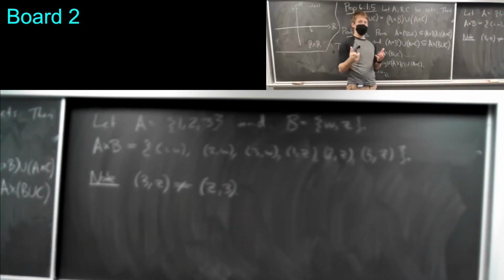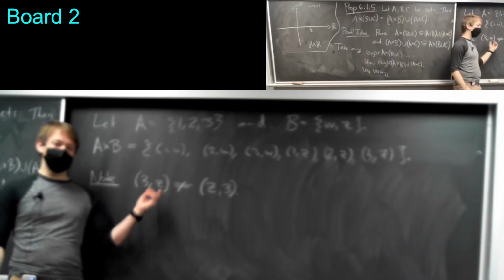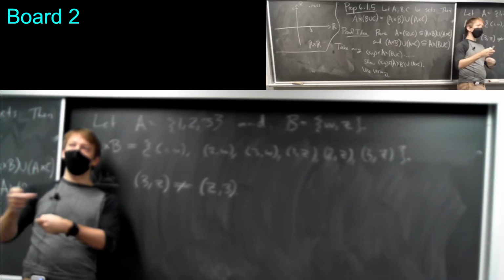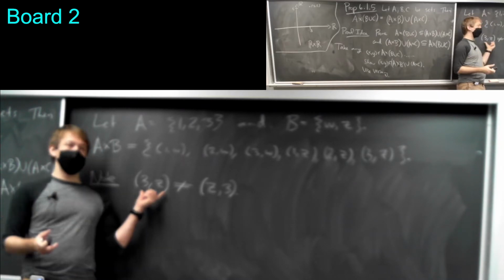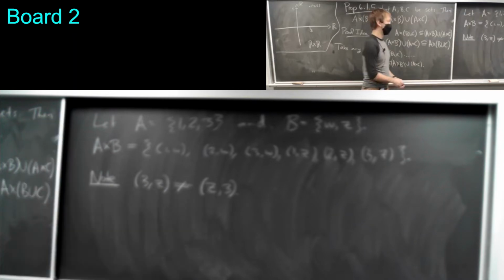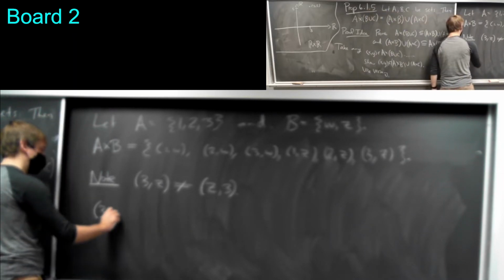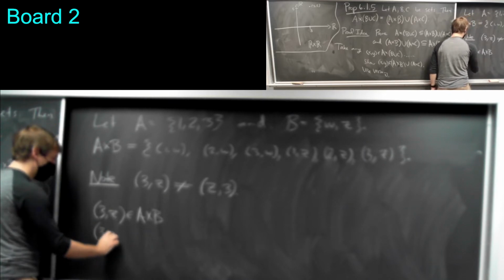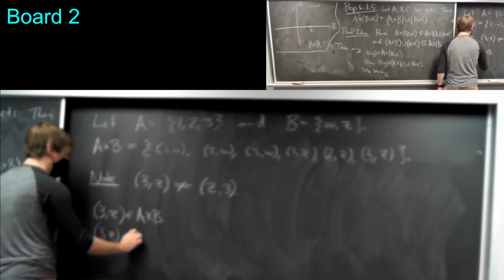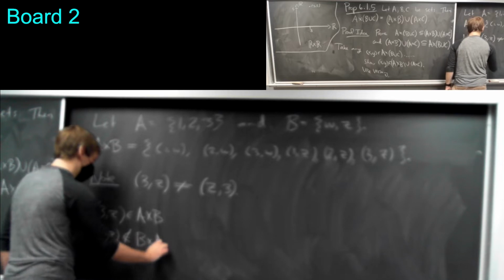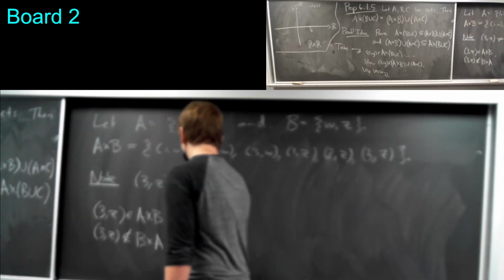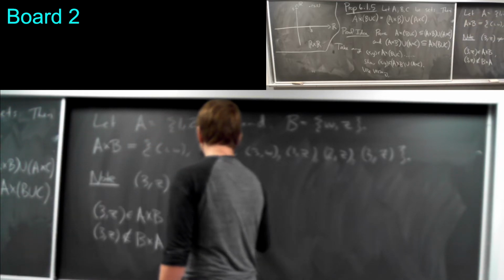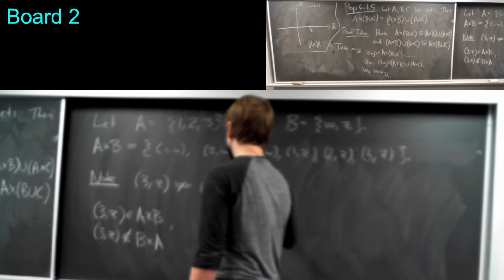So when I take these pairs of elements, the order matters. This is not like sets. Remember when we had sets, you could reorganize the elements in any order, and it was the same set. This is not the same. So in particular, (3, Z) is in A cross B, but (3, Z) is not in B cross A, whereas (Z, 3) is in B cross A.